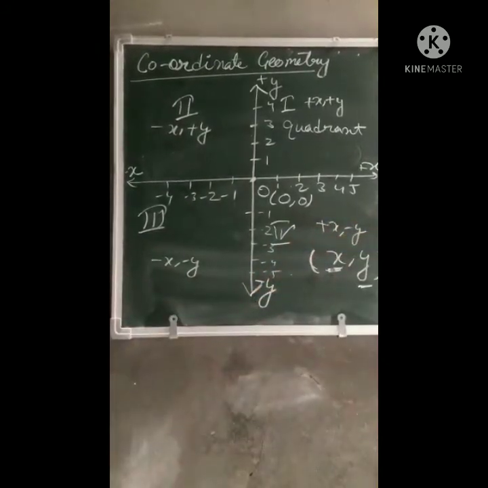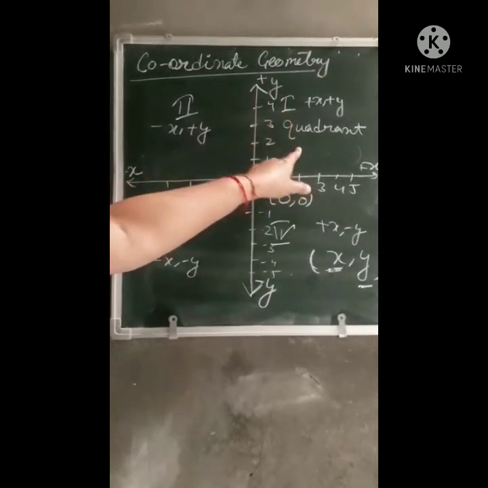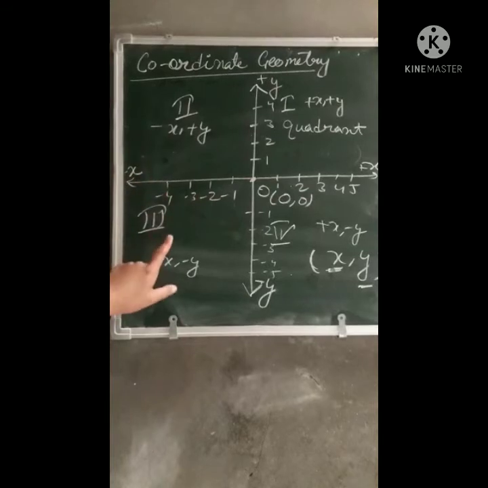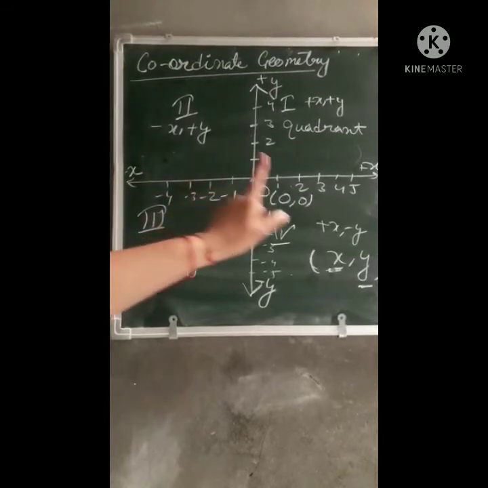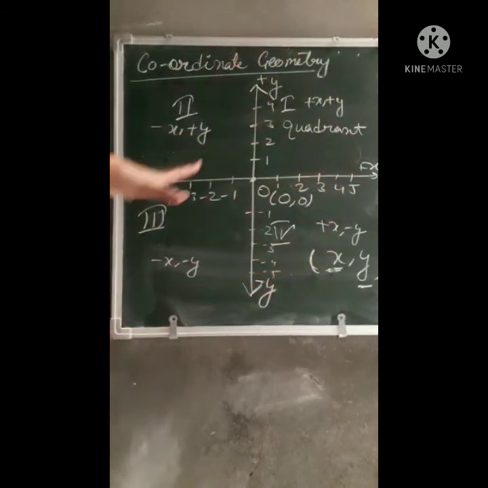So we have to learn which values come in which quadrant. It's easy: in the first, both signs are positive. In the second, x is negative and y is positive. In the third, both are negative, and in the fourth, x is positive and y is negative. Like this we can locate the quadrants in the graph easily and without any mistake.